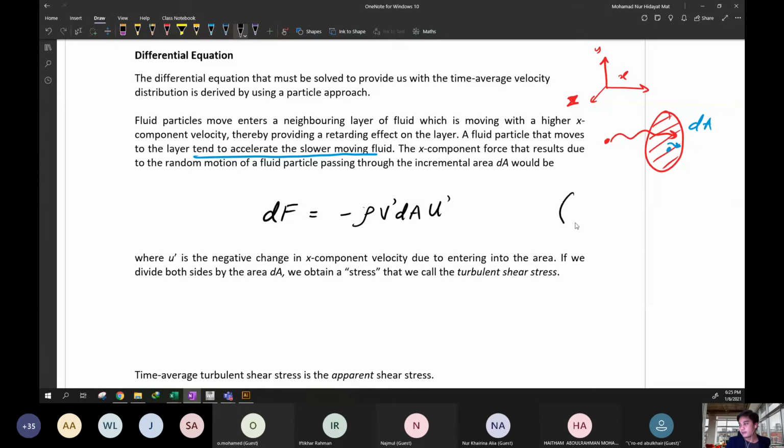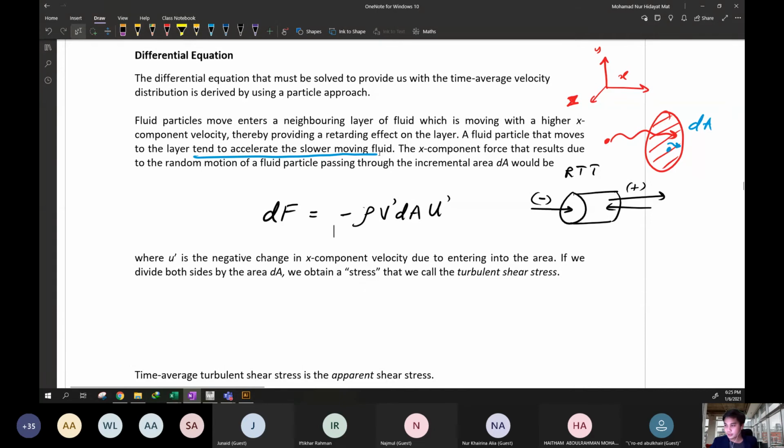Remember that when we apply the Reynolds transport theorem to the control volume, into the control volume is negative, and out of the control volume is positive. That is why when it is into the control volume, into the cross-sectional area, it has a negative sign.